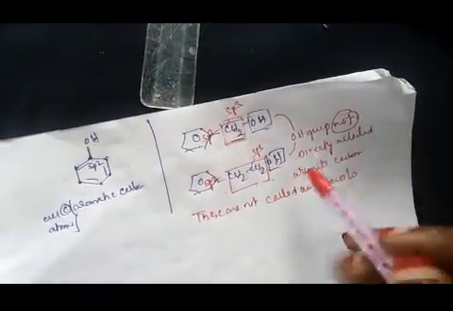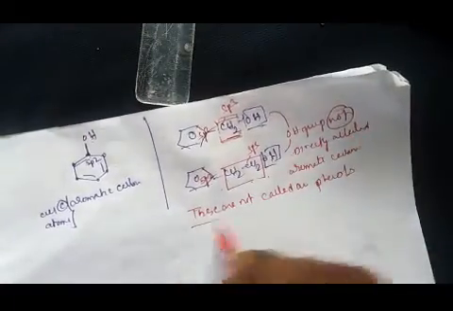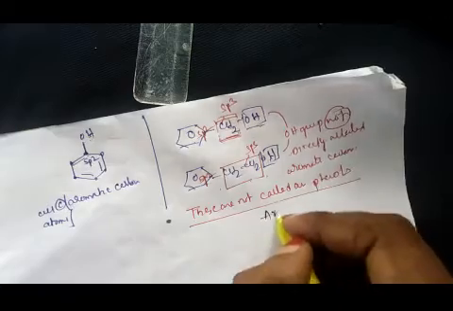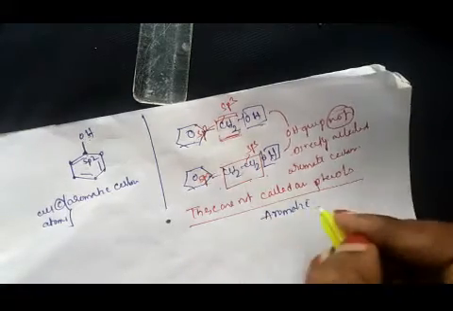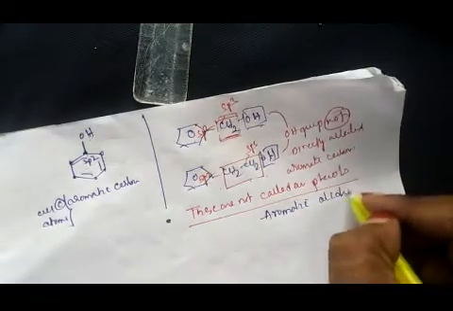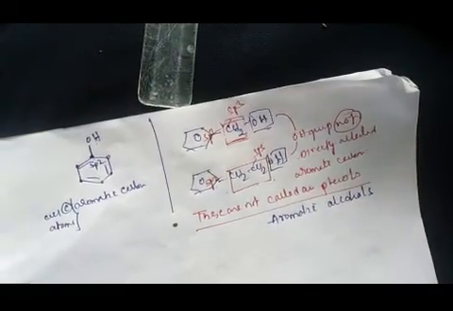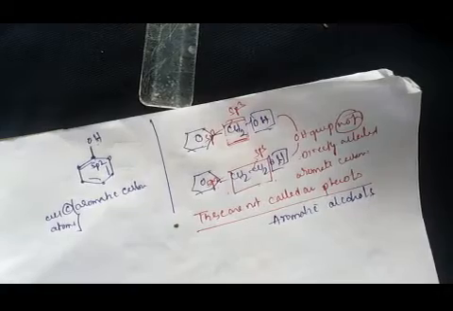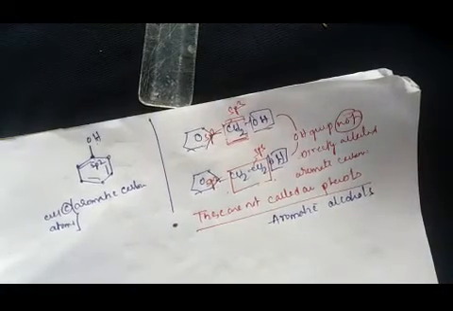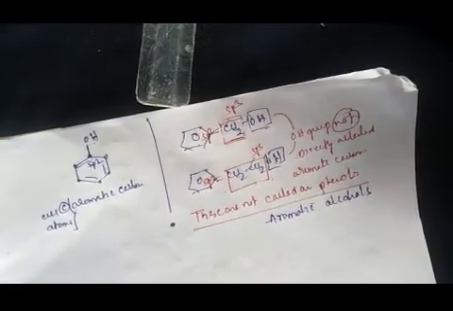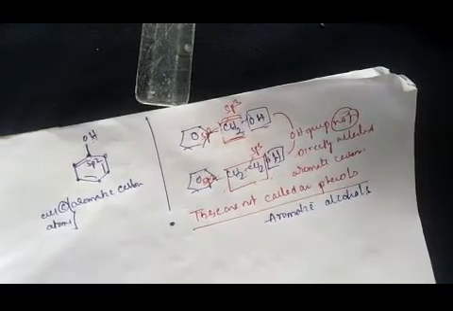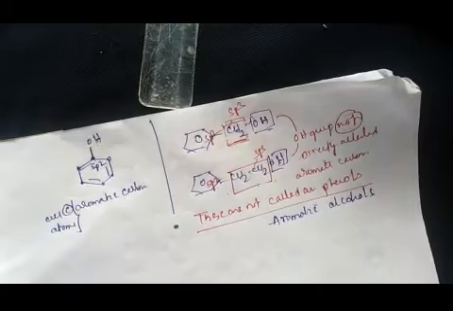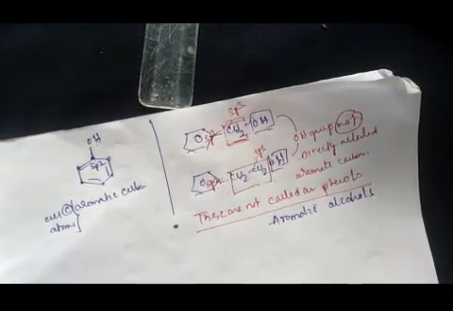So these are not called phenols. They are called aromatic alcohols. Aromatic alcohols are entirely different from phenols in their chemical reactivity and physical properties, because they are different. Compounds are said to be phenols only when the OH group is directly attached to the aromatic carbon of a benzene ring system.